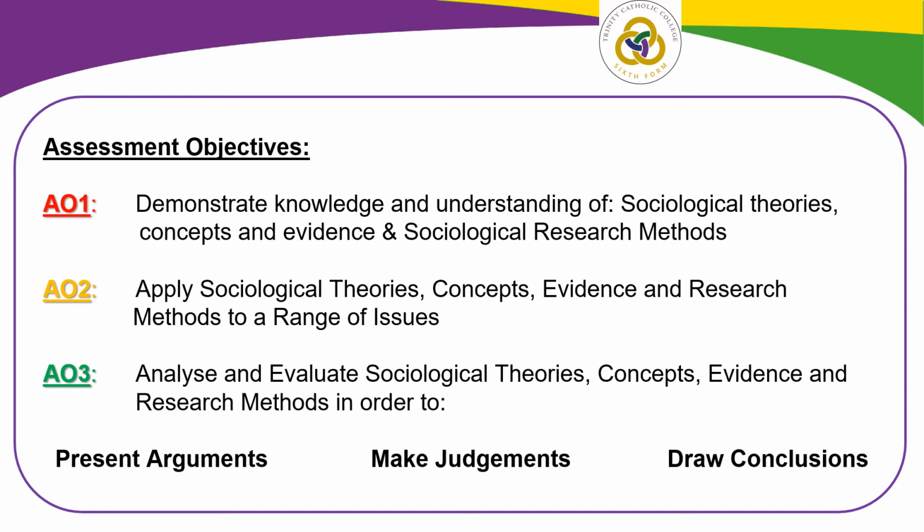And AO3, which is the hardest bit, is the analysis and evaluation, high-level skills, and that will gain you more marks. It will also include the synoptic links between the various bits of sociology. So you start with presenting your arguments, making judgments, and drawing conclusions.